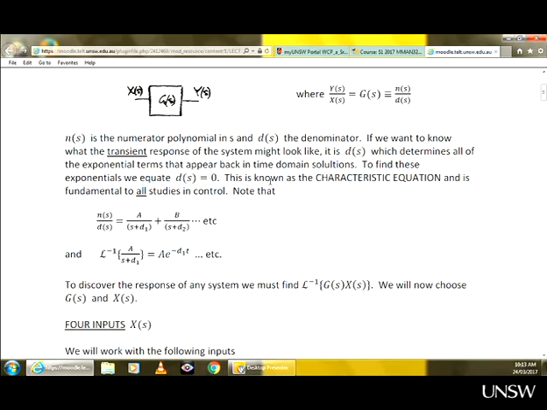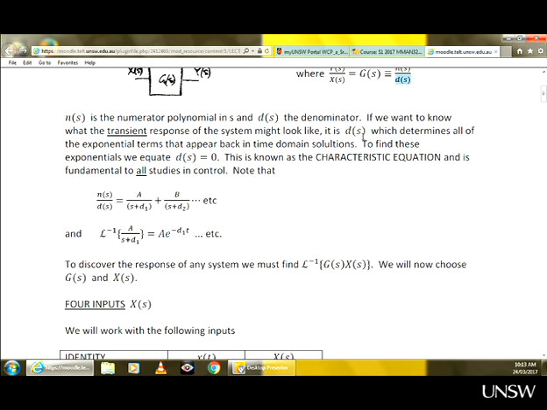So that's effectively what we said towards the end of the Tuesday lecture. So you have a system. The system has a transfer function. The denominator of the transfer function is what we call the characteristic polynomial. When it is equal to 0, we get the characteristic equation. The characteristic equation helps us find the roots.